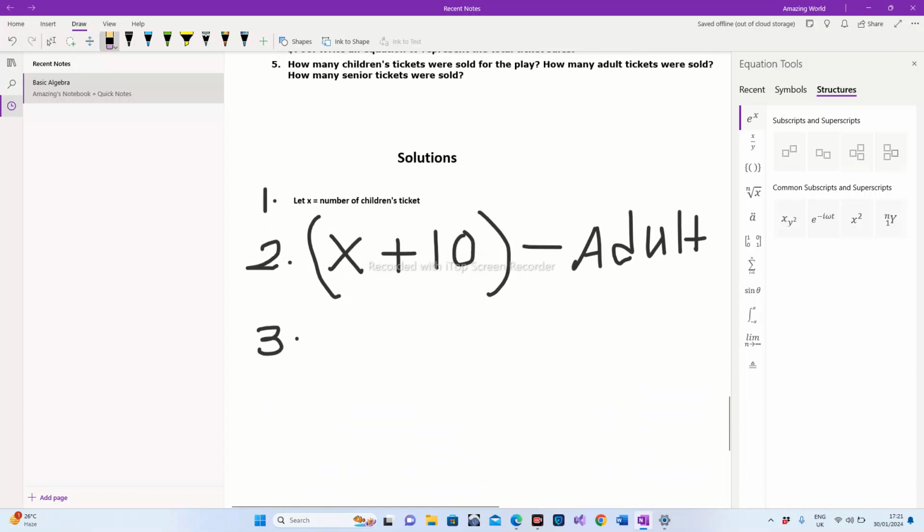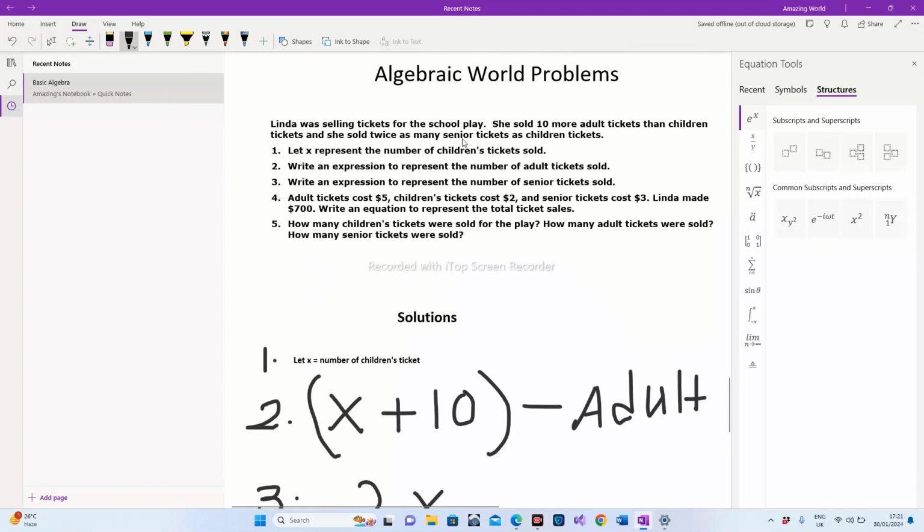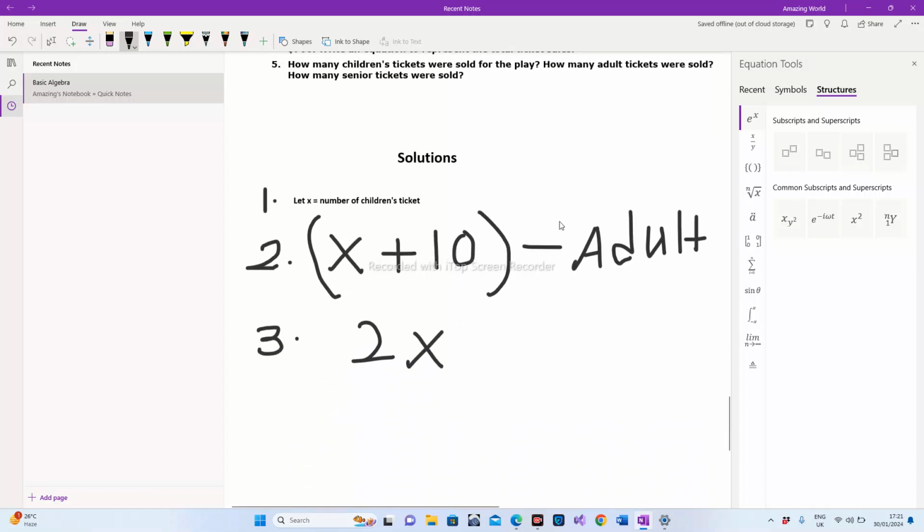So that means the number of senior tickets is 2 times X. Remember, the number of children's tickets is X. We have stated that above, and we said that Linda sold twice as many senior tickets as children's tickets. So it means she sold 2 times X senior tickets. I believe this is very well explanatory.